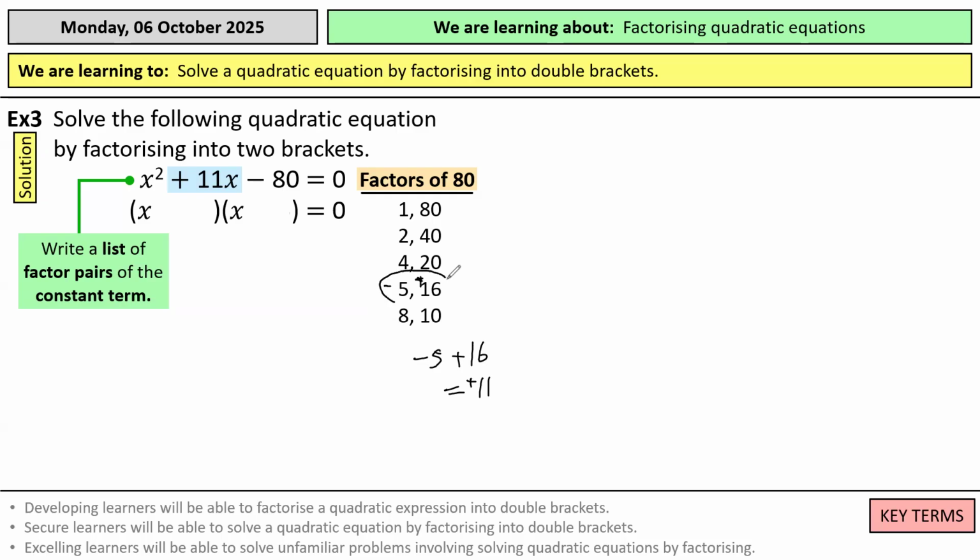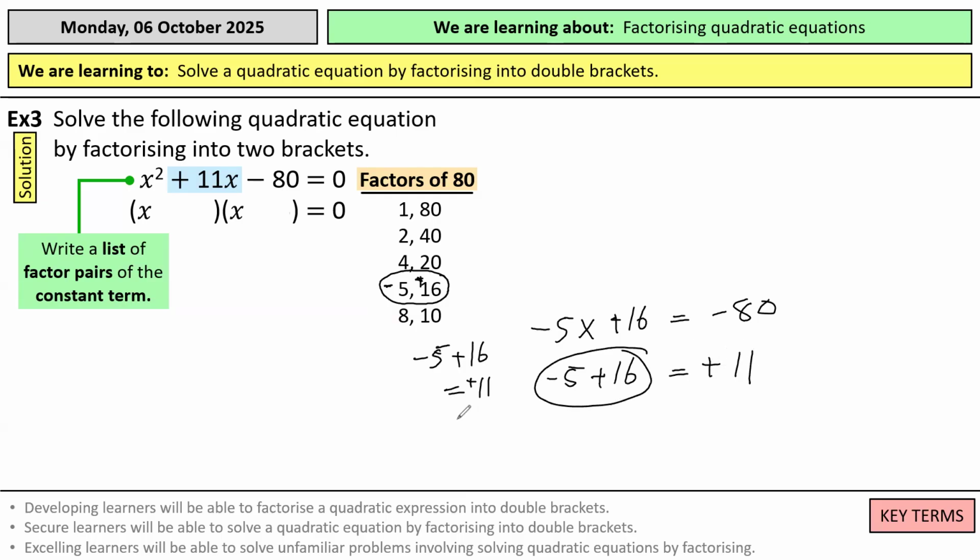So this will work: one negative, the other positive. Negative 5 multiplied by positive 16 is negative 80, and negative 5 plus 16 is positive 11. So our values are negative 5 and positive 16.